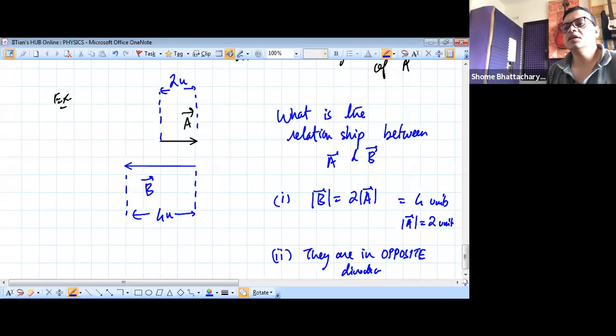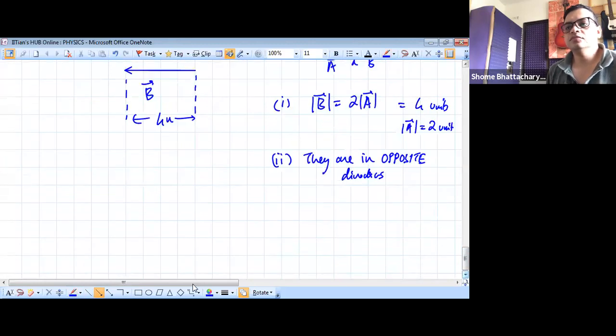Okay. Because its arrow is, yes, Sana. So what you can see here is that this vector I have drawn, vector A, you can see how long this vector is. Its length is 2 boxes long, here to here.